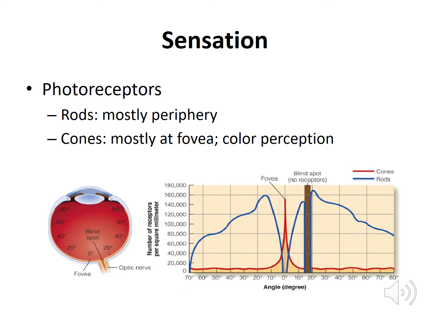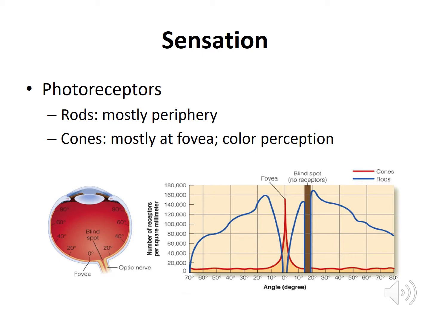I mentioned the rods and the cones. Those are the photoreceptor cells in the retina. And while the cones are responsible for color vision, the rods are responsible for black and white vision. Now, the rods are way more sensitive in terms of light, so you need less light in order to get a response from the rods.